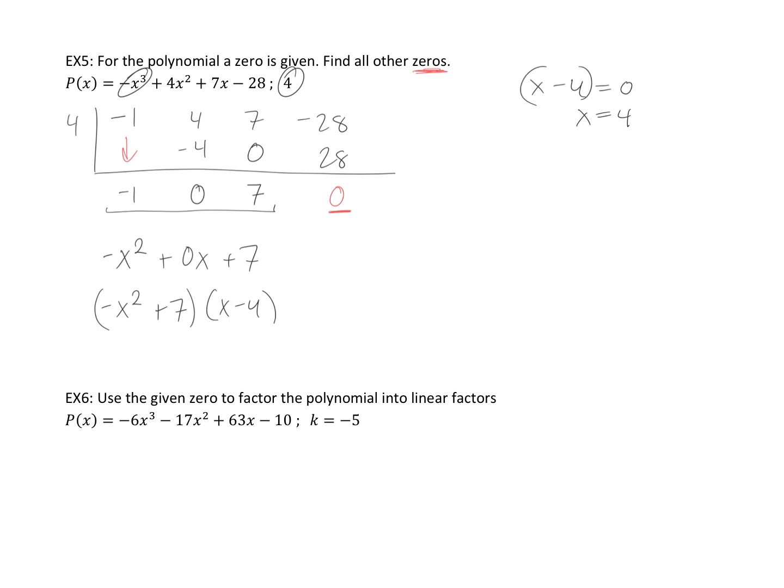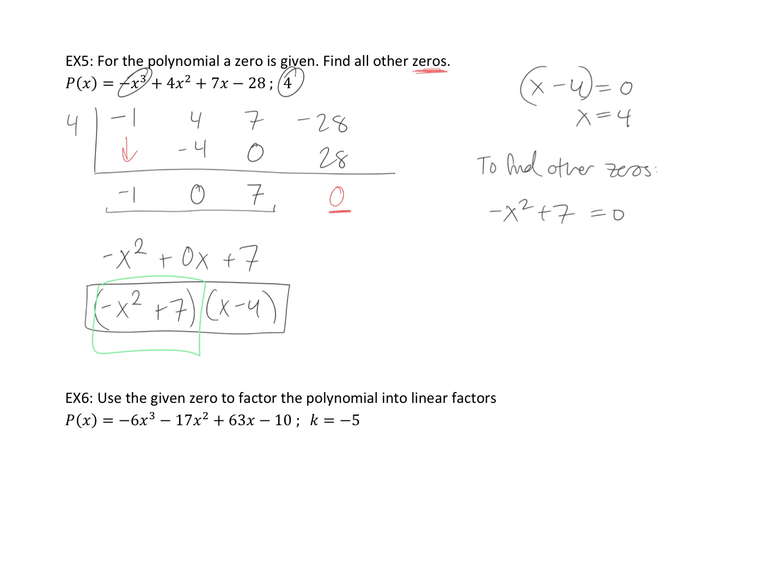Now, are we done? Well, that is about as much as we can factor. So since we're done factoring, we know this is what our polynomial is factored. To find the remaining zeros, I'll take my new binomial and set it to 0 to find my other zeros.